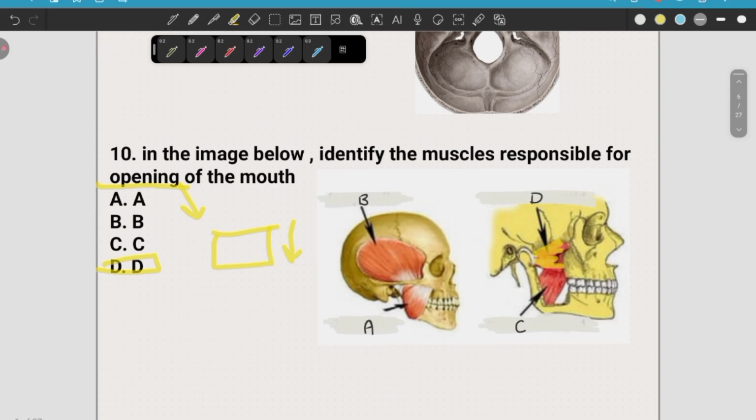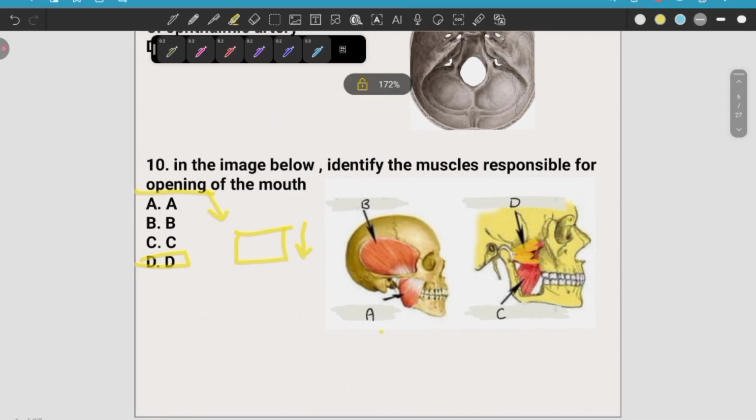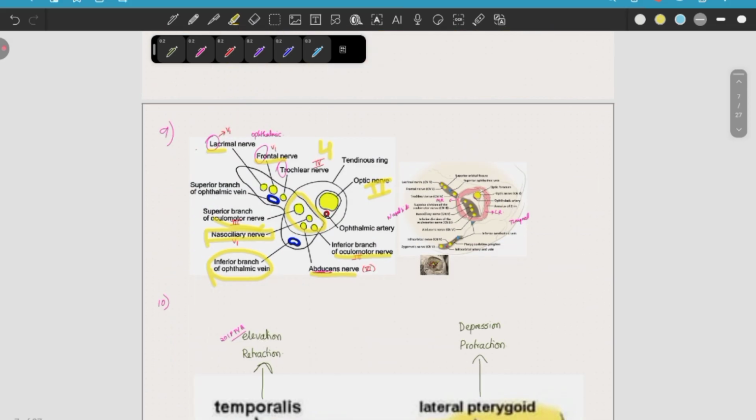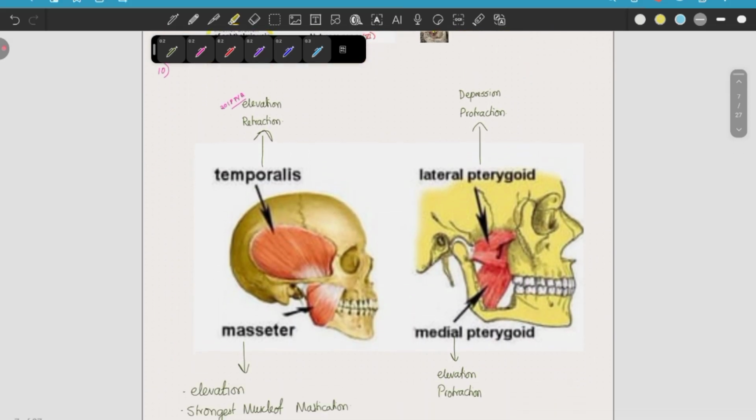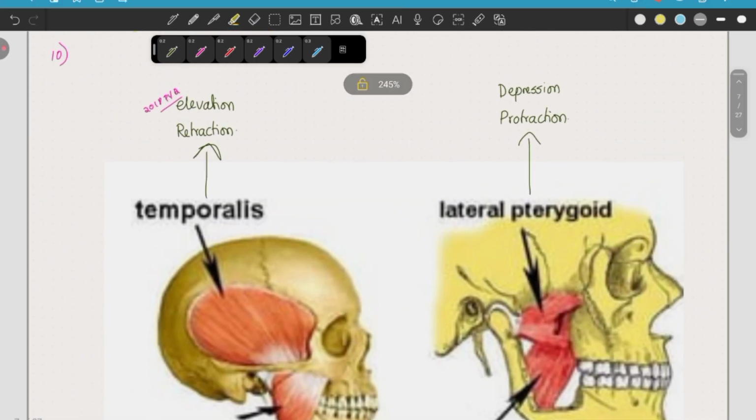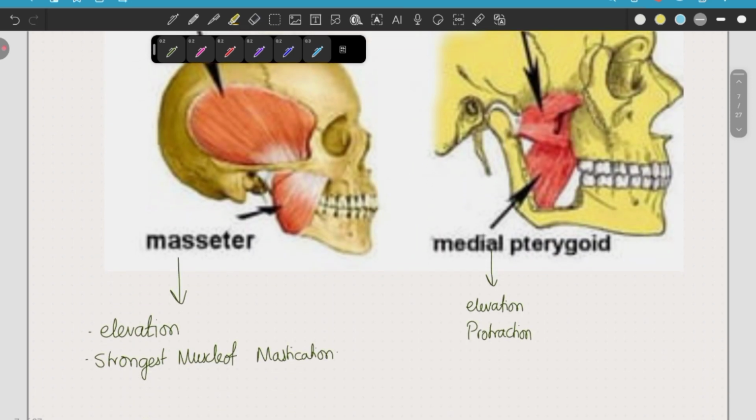C is the medial pterygoid, A is the masseter, B is temporalis. So let's see. First, temporalis action is for elevation and retraction. Whereas masseter is mostly the strongest muscle of mastication.